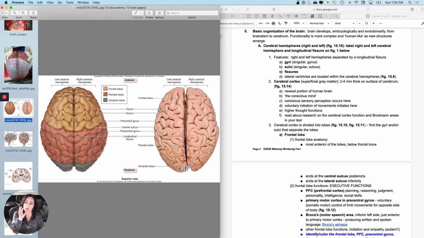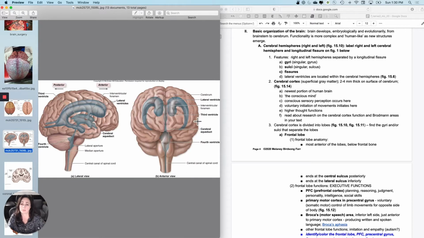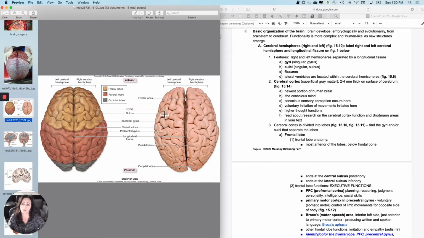The hills individually are called a gyrus. That's a hill. It's an upfold. The valleys individually are called a sulcus. And the plural of these is gyri and sulci, which most people don't say right, and I didn't for years, but gyri and sulci.